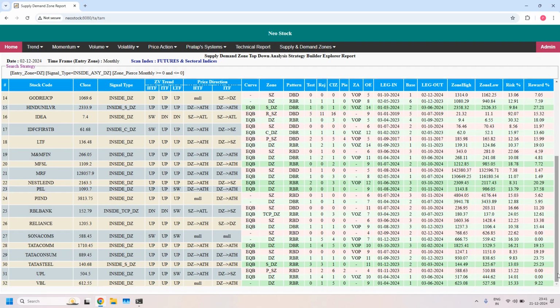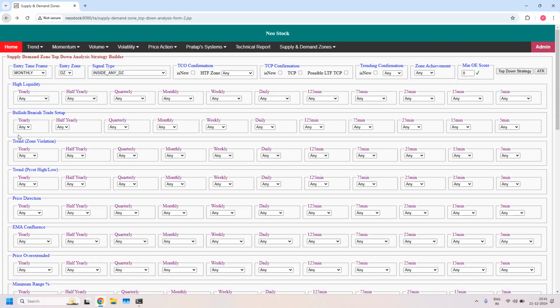We can further filter the list by adding a high probability parameter, monthly EMA Confluence. How many of these monthly demand zones are having monthly EMA Confluence? Let's verify. In the 32 stocks, I am adding this EMA Confluence filter at monthly time frame. I am setting the filter: monthly demand zone having monthly EMA Confluence.